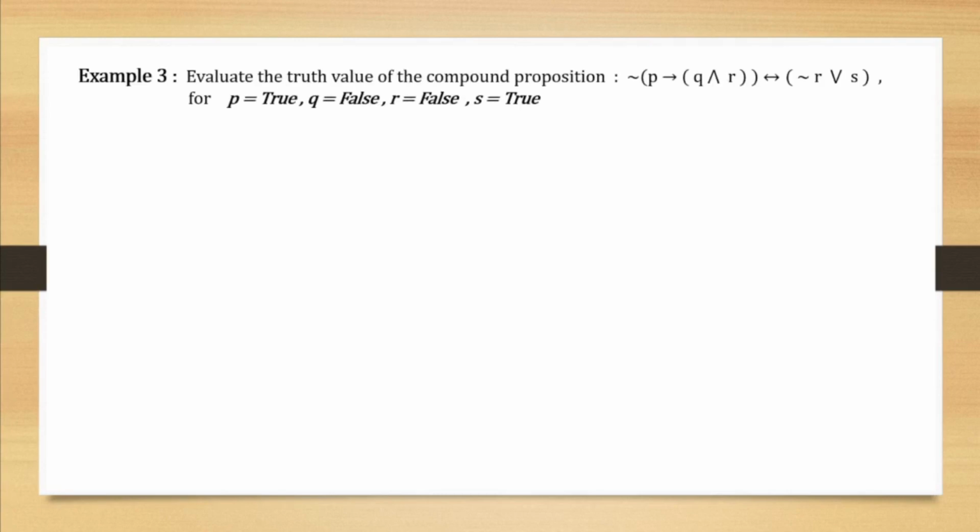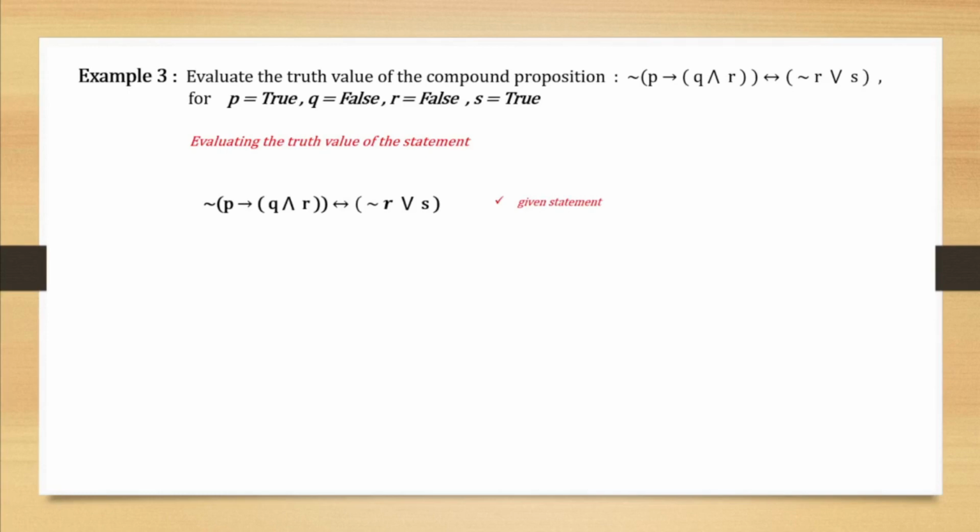Example number 3. Evaluate the truth value of the compound proposition: negation of the quantity P implies the quantity Q and R, if and only if the quantity negation R or S. For P is true, Q is false, R is false, and S is true.